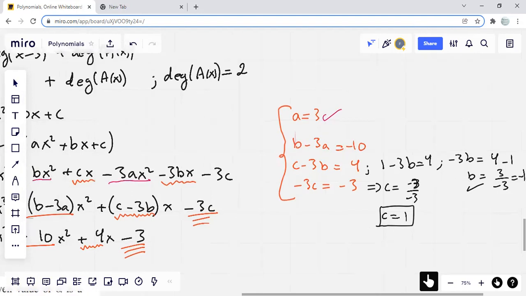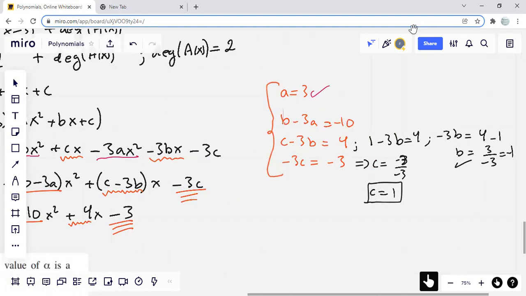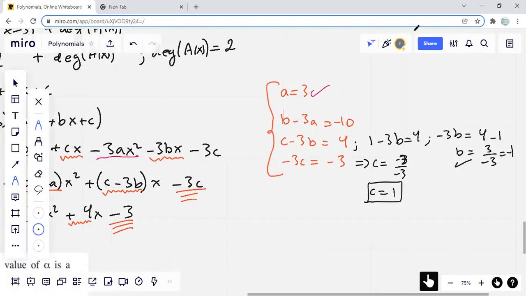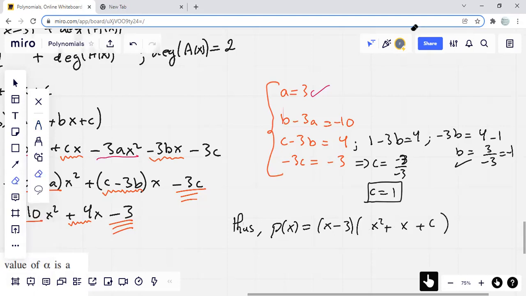So we can write this now. Okay, thus p of x is equal to x minus 3 times ax squared plus bx plus c. Now we don't write anymore the a, the b, and the c because we have the values for these.